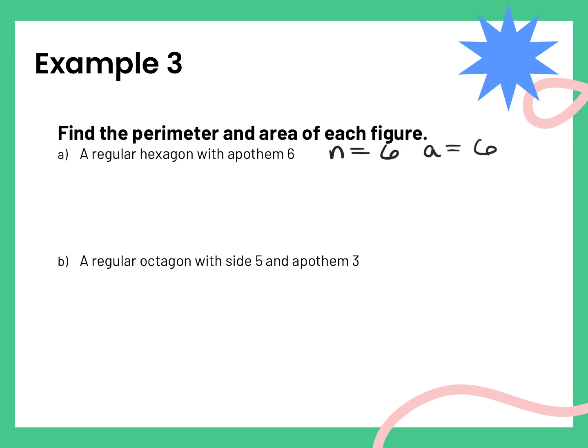And then we also need the length of the side, which we don't have. Because remember, the formula we're using here is either 1/2 apothem times perimeter, or 1/2 apothem times number of sides times the side length. I have everything except for the S. So that's what I need to work on finding.